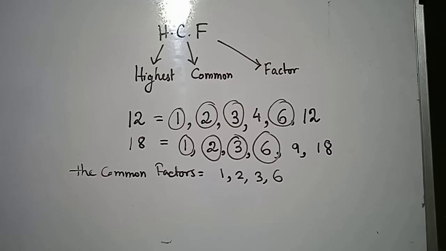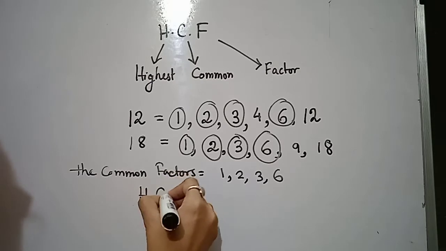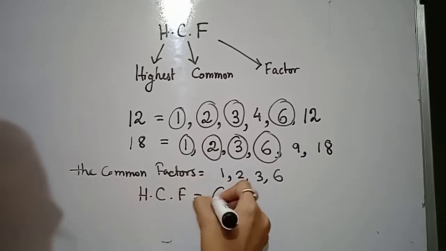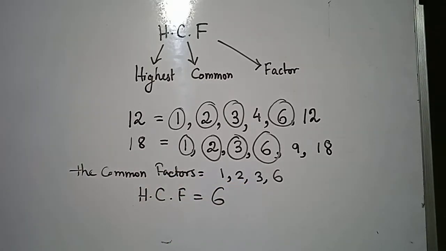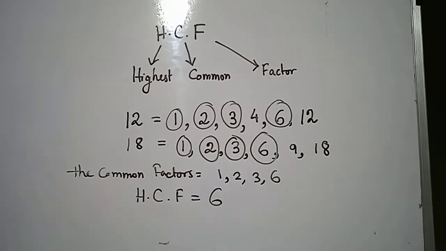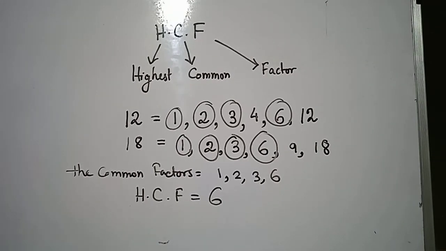So we have to find the highest factor among these. As we can see, 6 is the highest number among 1, 2, 3 and 6. So the H.C.F of these two numbers will be 6, as 6 is the highest number. So this is the method to find H.C.F using factors.